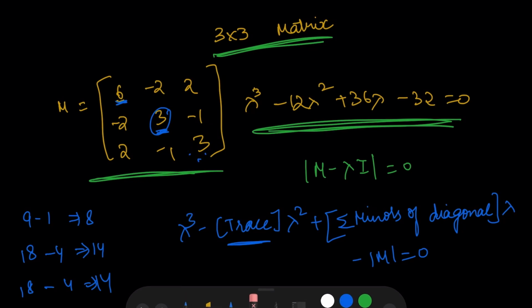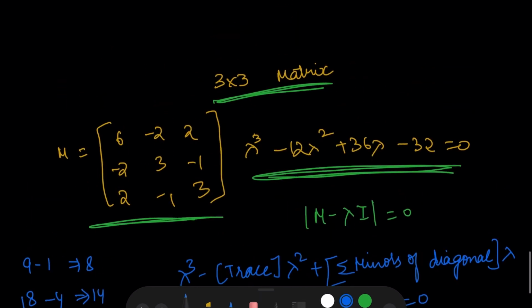So let us find the determinant. The determinant is equal to 6 into 9 minus 1, minus 2 into minus 6 minus of minus 2, that is plus 2 into 2 minus 6.